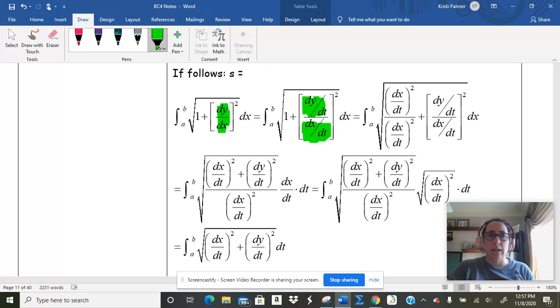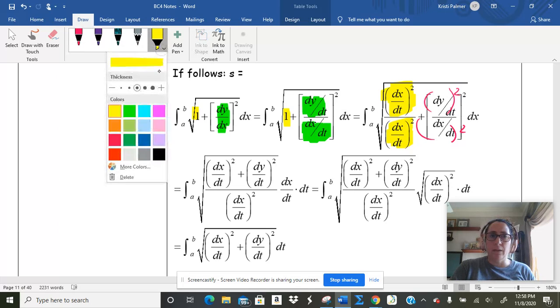And then I'm going to say this 1 is the same as dx dt squared over dx dt squared. So now I have a common denominator because I can square both of those. So I'm going to put my common denominator, and then I have my numerator.